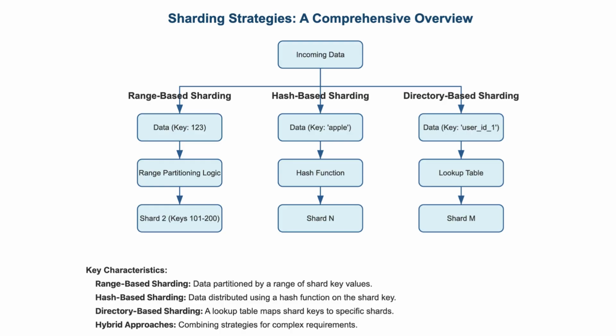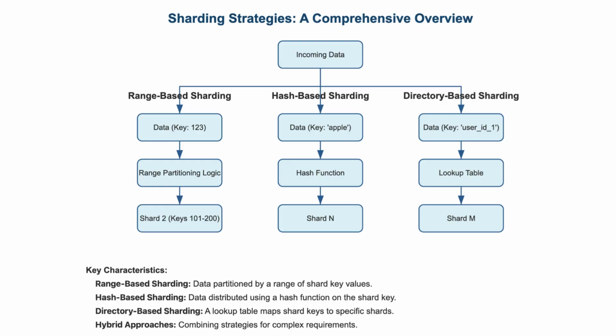Then there's directory-based sharding. In this strategy, a separate lookup table, often called a directory or metadata service, stores the mapping between shard keys and their corresponding shards. When data needs to be accessed, the system first consults this directory to find the correct shard.